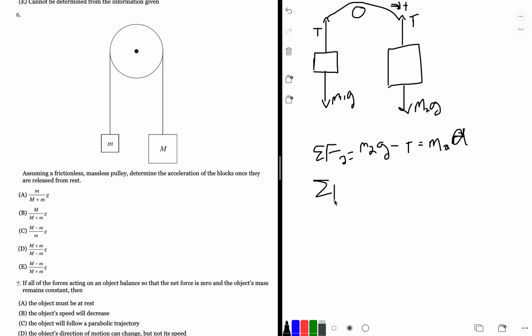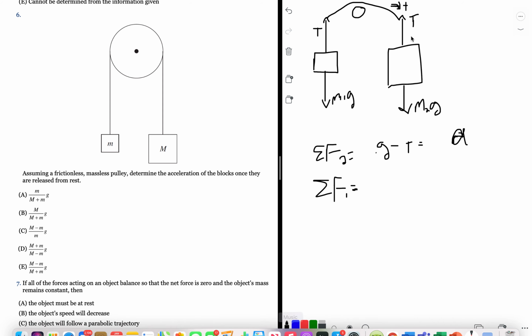Net force on the left block is equal to, I'm going to use big M to label the second block instead of M2.